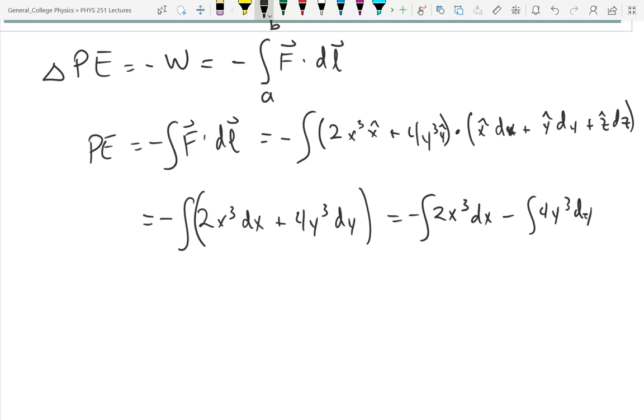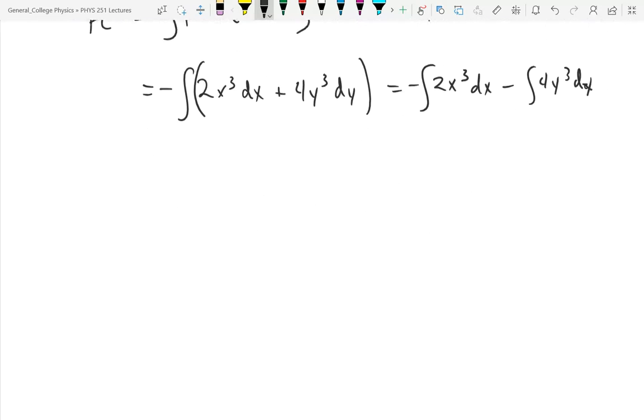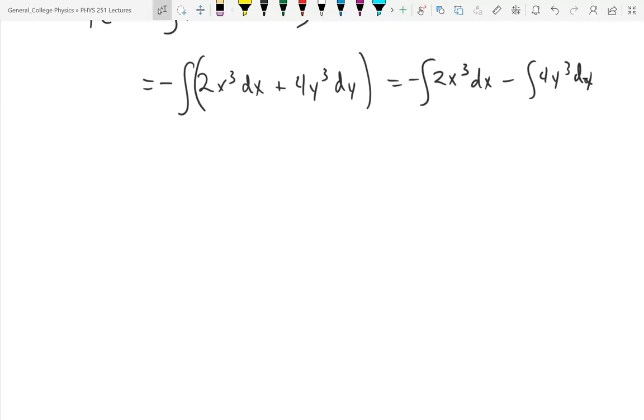Now, I saw some signs that were different. You see that I forgot a minus sign, so I understand that can happen. On the test, if you have something like this, you probably won't have to worry about the sign being dropped here or there because I'll probably have the signs consistent. So we just do these integrals.